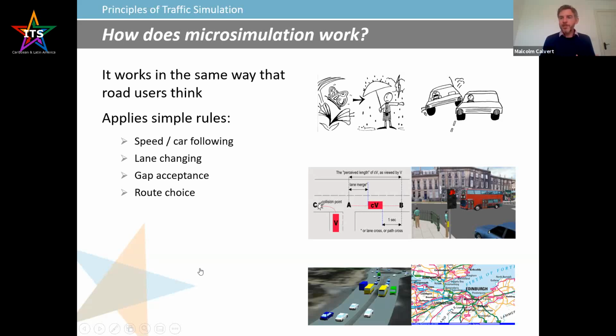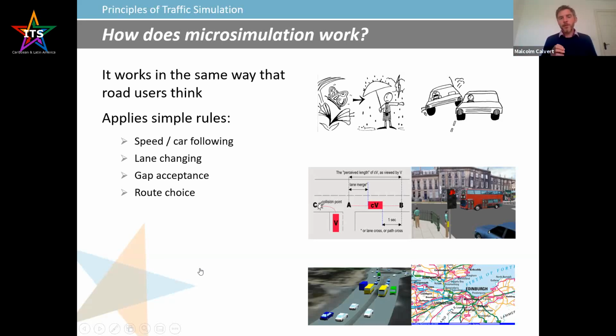There'll be a rule about lane changing and when it's appropriate to change lane, when there's enough space in the lane beside you to move into or not. Gap acceptance then is a key principle where one driver would give way to another driver, and this will happen at various junctions within our traffic networks.